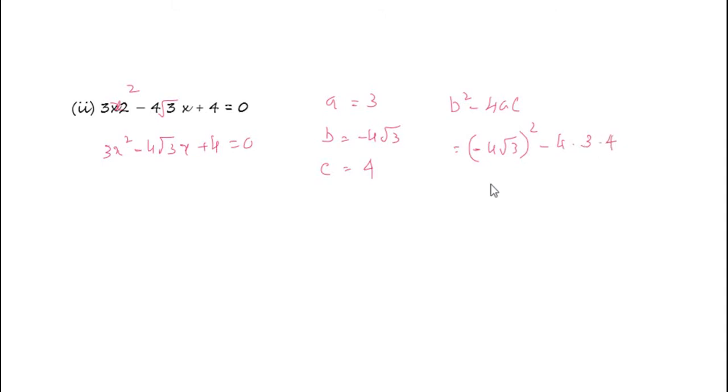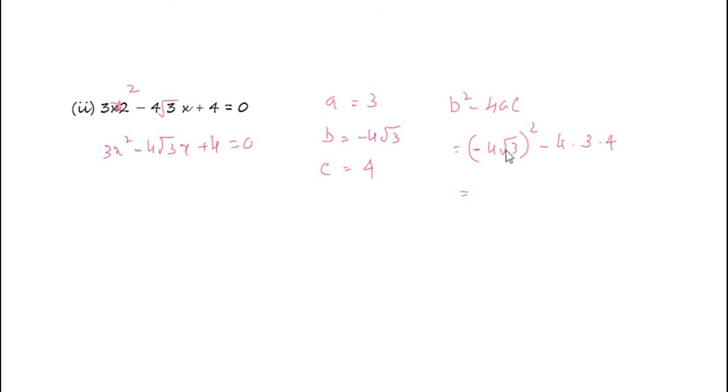This is 3x² − 4√3x + 4 = 0. Here a = 3, b = −4√3, c = 4. The discriminant is b² − 4ac. b² is (−4√3)², minus 4 into a into c.